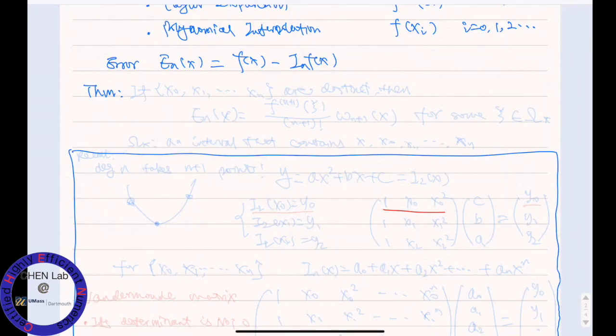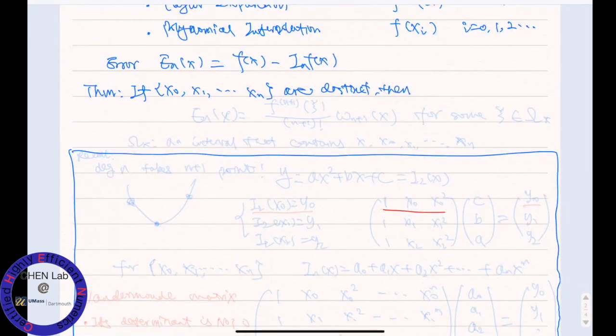But let's review this together, and in the meantime, we're going to review some of the important results that we used already a few times, and we need to use again in the future. And again, we need x0, x1, and so on to be distinct, so they're all different points.